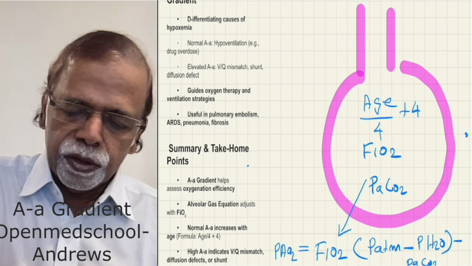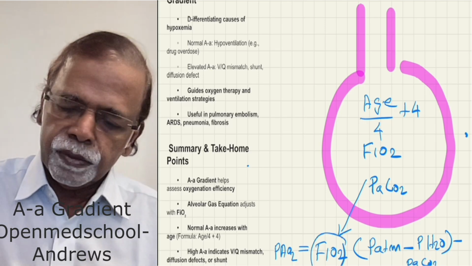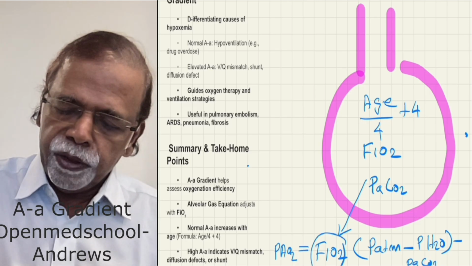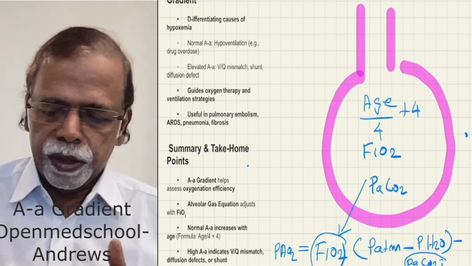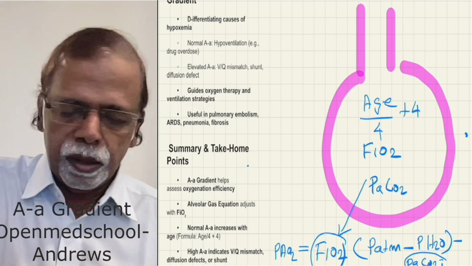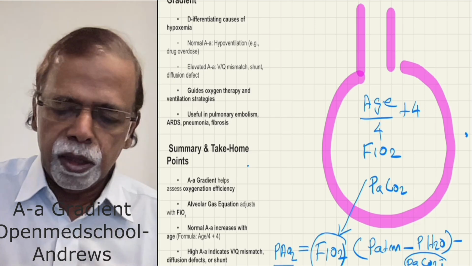So when the FiO₂ is increased, or when the PaCO₂ is increased, there can be changes in the PAO₂, that is the alveolar pressure.